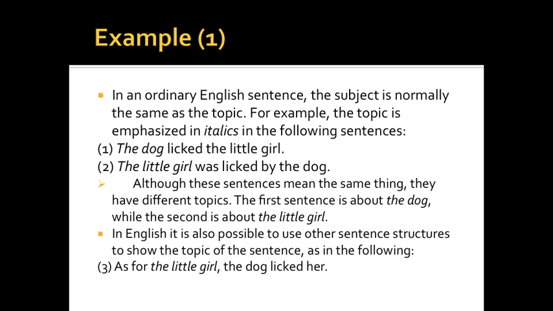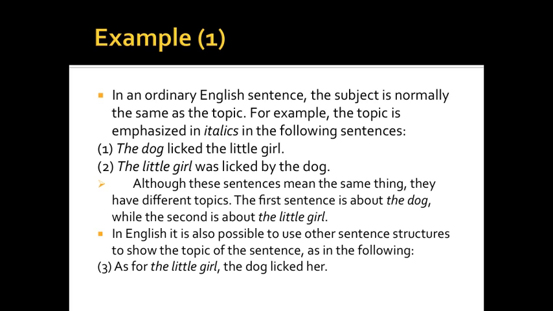Number 1, the dog licked the little girl. So the theme is the dog, and licked the little girl is the rhyme, because you give more information about the dog. Number 2, the little girl was licked by the dog. Now the theme is the little girl, so your focus of the sentence is the little girl.